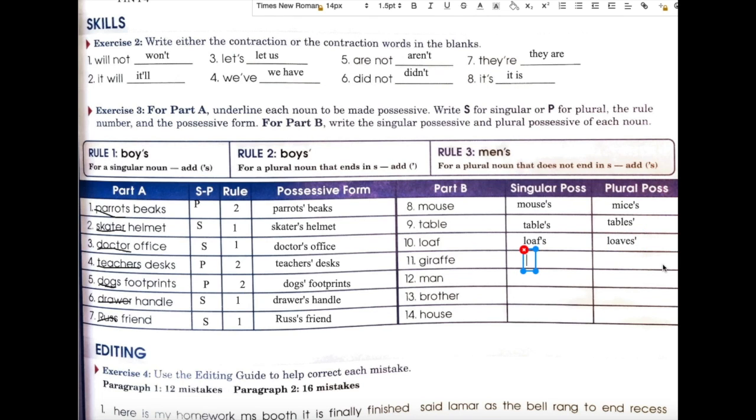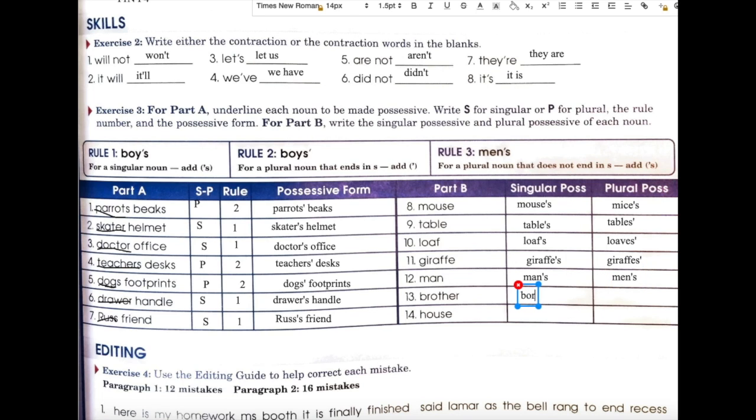Giraffe, the singular possessive form is giraffe, apostrophe S. The plural possessive form is giraffes, so S apostrophe. Man, the singular form is man, apostrophe S. Possessive plural form is men, apostrophe S. Brother.